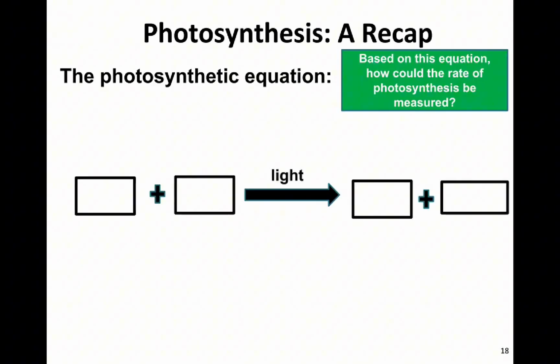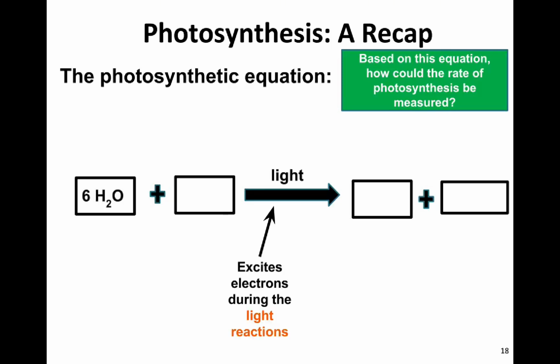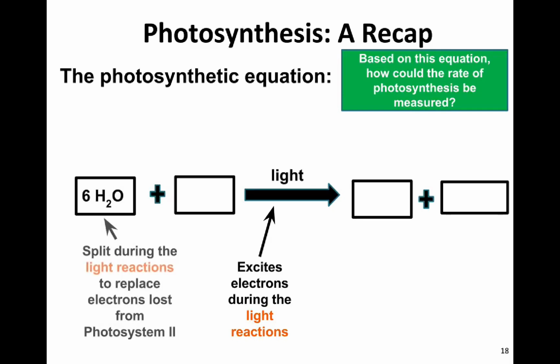And so, just as a recap, here's basically what's going on. I want you to think of important things in order for photosynthesis to start. That's light. And of course, the job of the light is to excite the electrons during the light reactions. And we also need H2O. What's H2O doing? It is being split during the light reactions in order to replace electrons that are lost from photosystem 2.